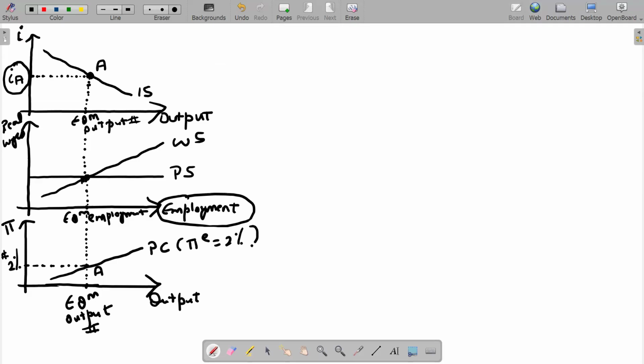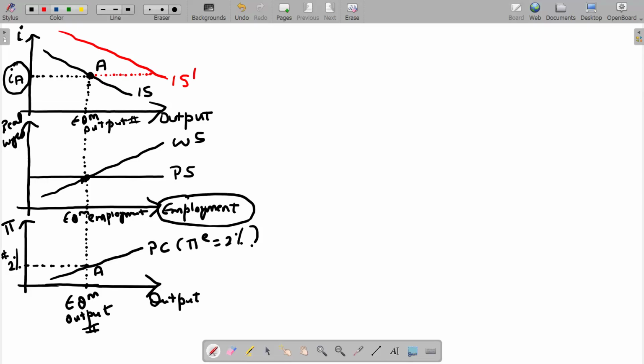Now, when a consumption boom happens, the first thing that is going to happen is that the IS curve is going to shift. We know that a consumption boom causes the IS curve to shift. Output increases at the same interest rates. That means I can show a rightward shift of the IS curve from IS to IS dash. So at the same interest rate IA, output goes up.